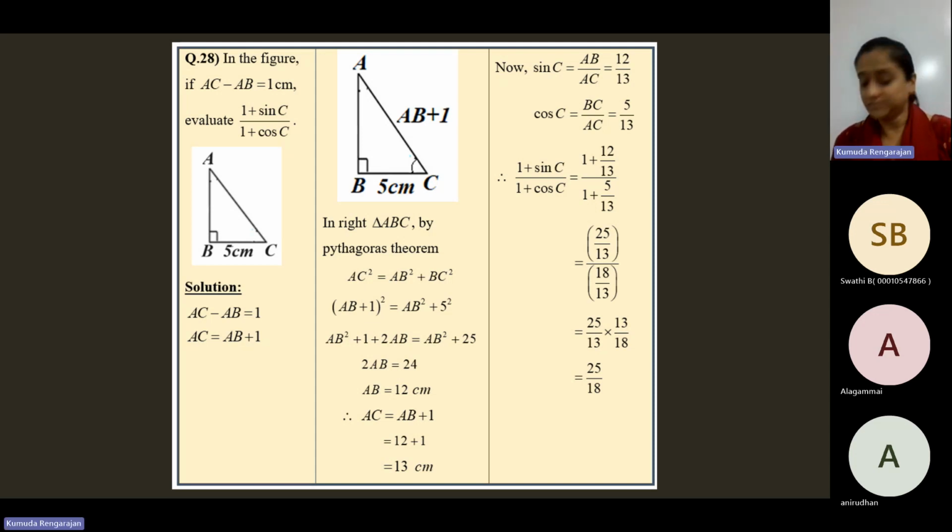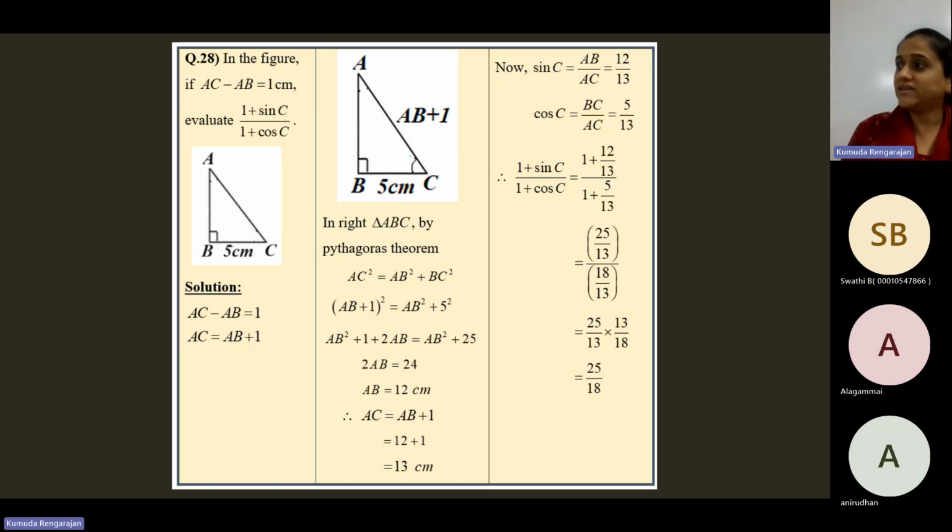Yeah, good, Swati. So after finding AB here, like 12, you should find the 3 sides of the triangle.